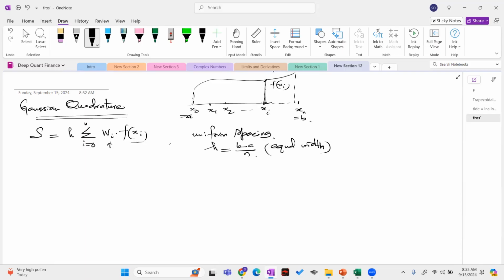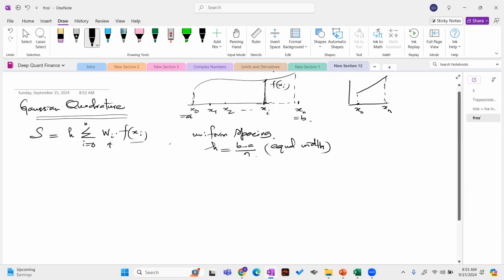Okay, I'll give you a hint. Suppose we have a linear curve. Does it even matter, if it's a perfectly linear curve? Truly speaking, how many points do you need to evaluate the function to calculate the exact area? Think about this. We have a point here, x0. This is xn.